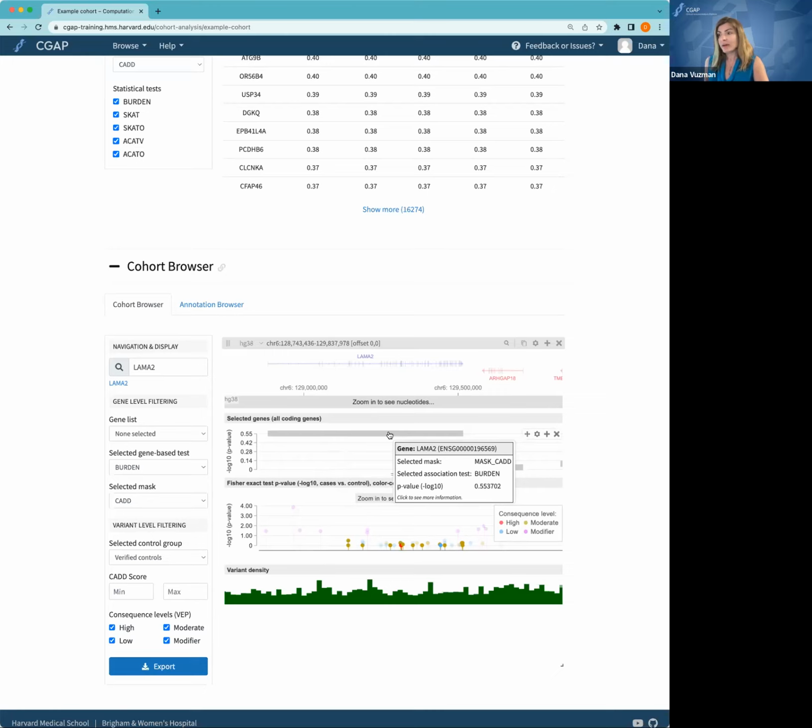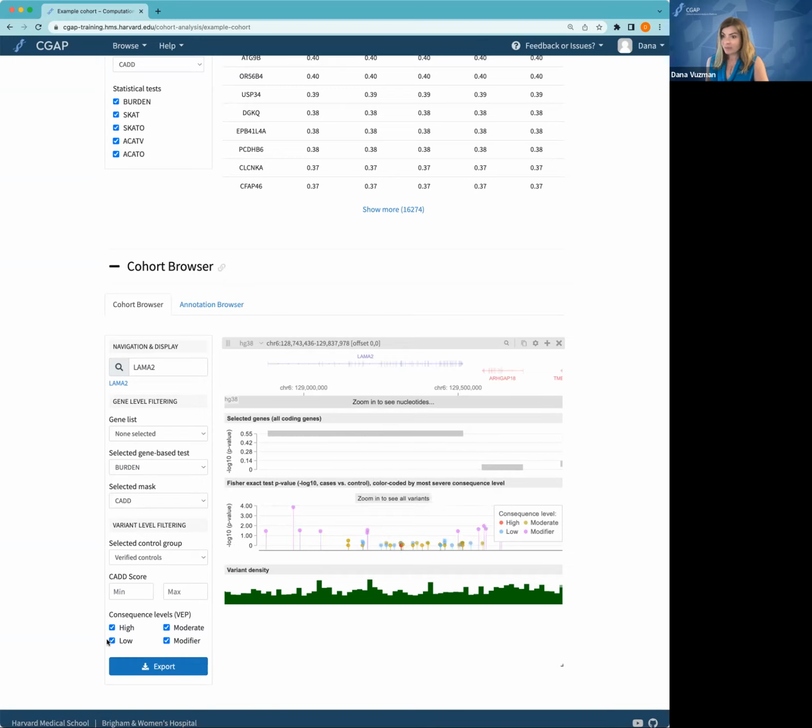And the reason for that is that we are including only variants with a CADD score higher than 15. And most of the modifiers and low consequence impact level have quite low CADD scores, so they were not included.